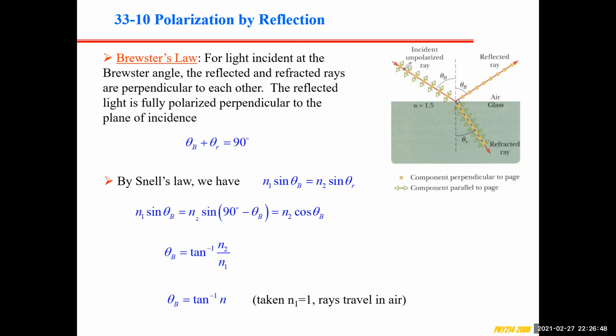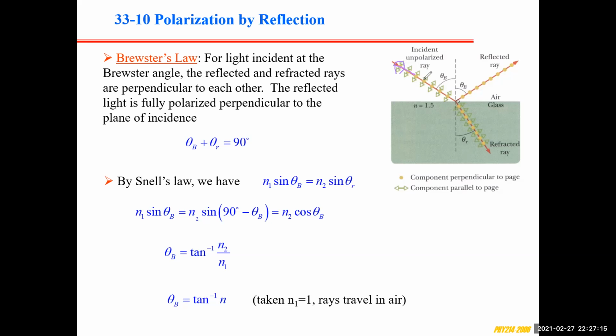You have the normal, and we have a light ray that is propagating and shining on the interface. Okay, so initially this light ray is unpolarized, and we use this arrow to indicate the oscillation direction of the electric field, and the solid dots indicate the oscillation direction of the magnetic field in and out of the page.